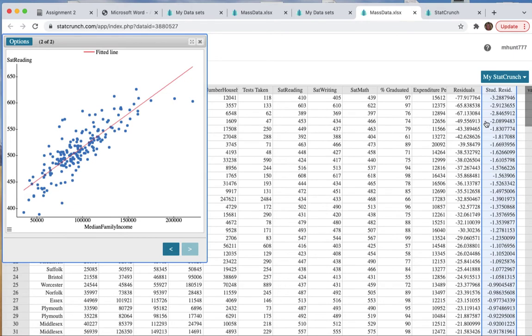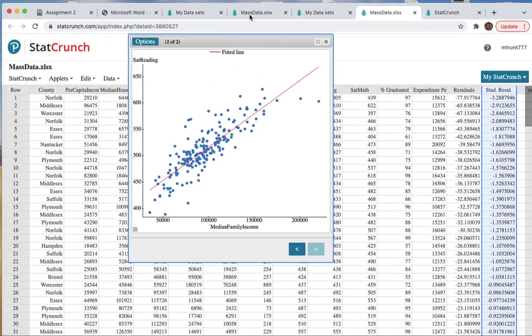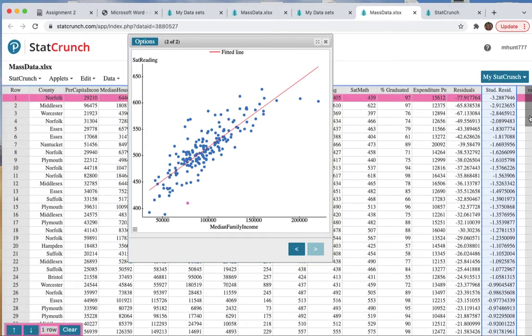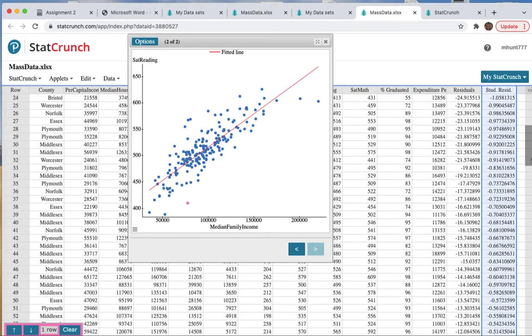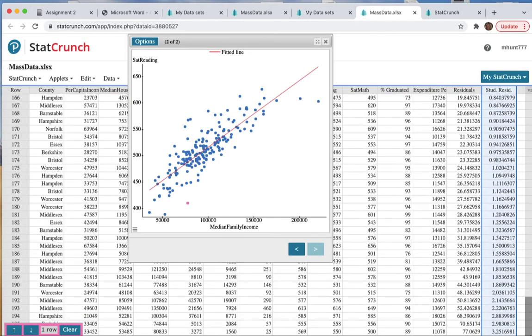So now if we take a peek at the student standardized residuals, we see that there is a residual that is below -3.